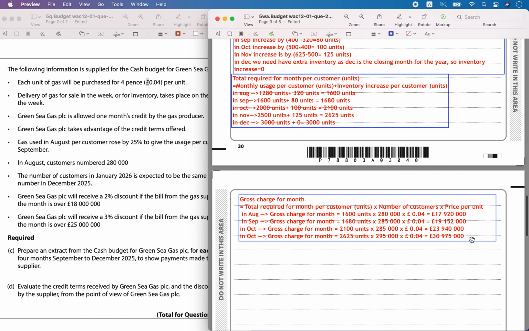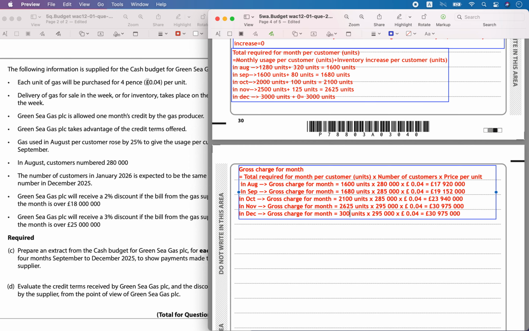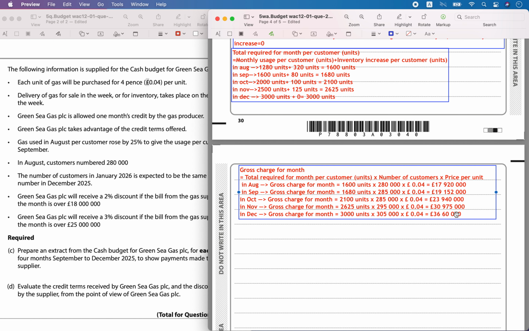This is the gross charge paid by the business to the supplier, and 3,000 units were purchased, and there was 305,000 times 0.04, so that is going to be equal to 3660,000.